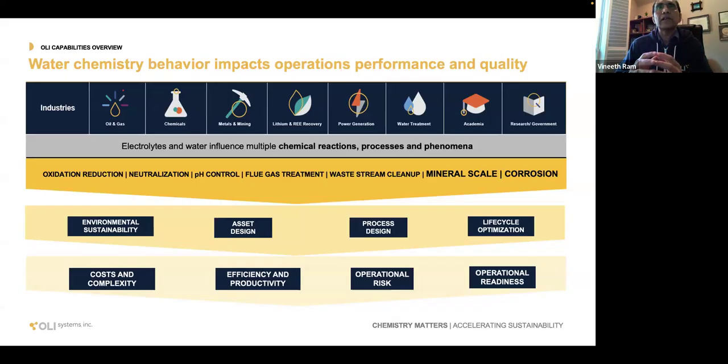The real element here is that water chemistry and electrolyte behavior impact how we think about designing processes, how we operate them, and the outcomes around reliability, efficiency, optimization, or sustainability. All of these outcomes are impacted by a deep understanding of electrolyte and water chemistry behavior. That's what OLI does, and we apply it across a wide range of process industries.